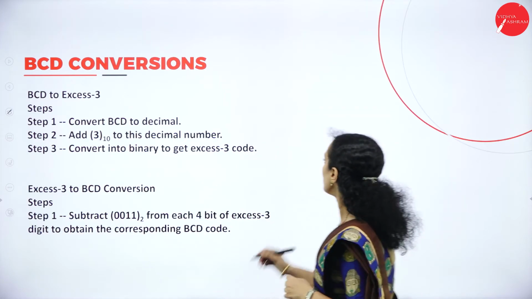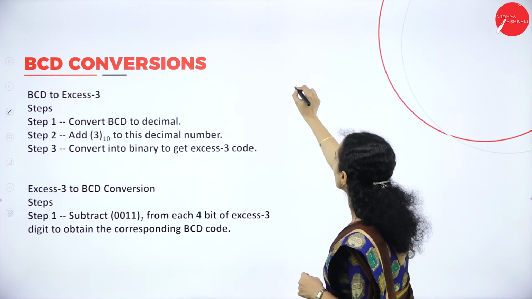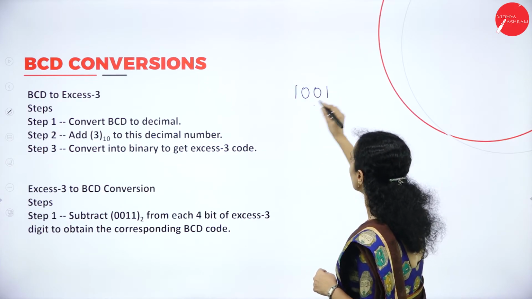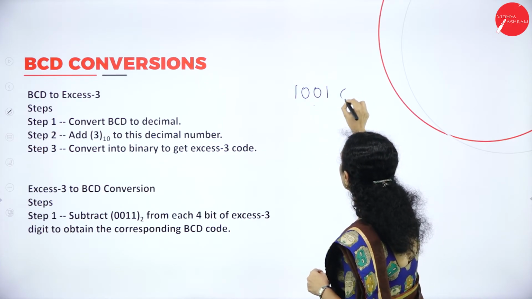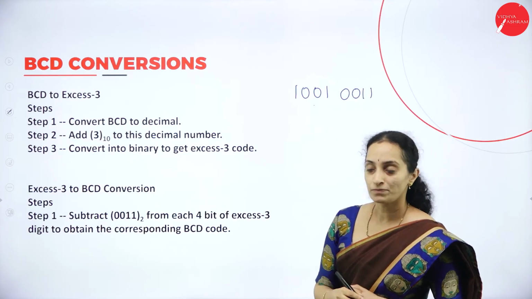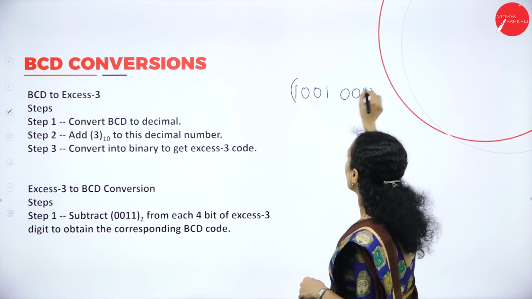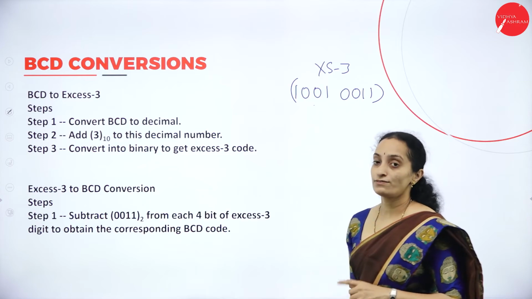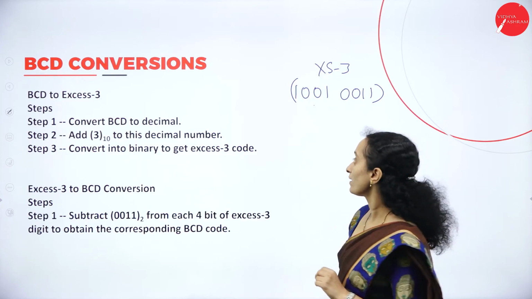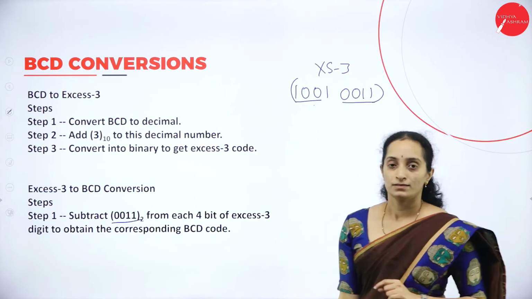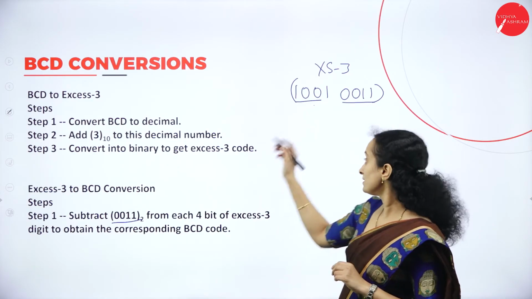Suppose I have this value. Now this is in XS3 form. Now I have to convert this to BCD. Okay, how can you do this is subtract this 0 0 1 1 from each of these values.